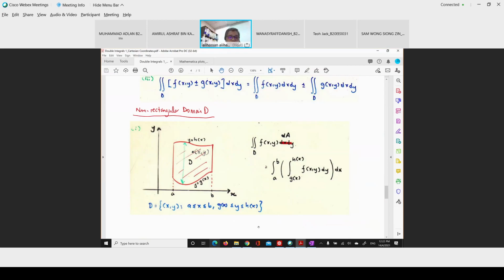In this case, x is between numbers a and b. However, y is bounded by functions. See, y is bounded below by a function g of x, and bounded above by a function h of x.